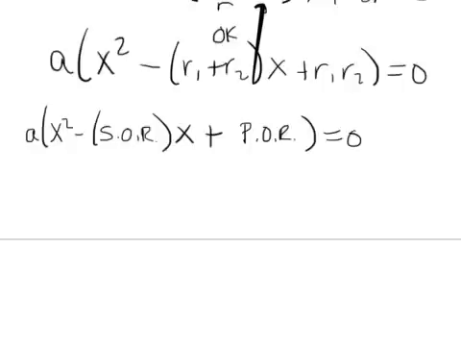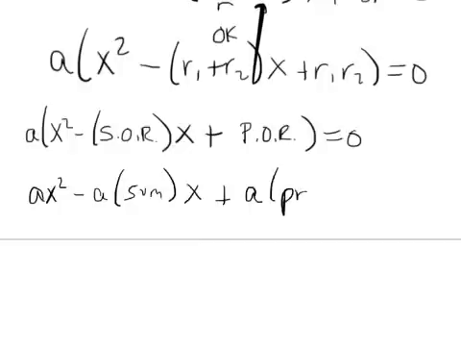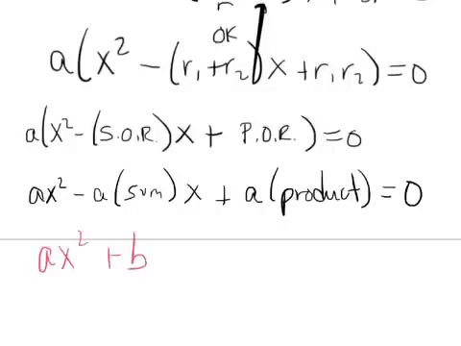What we are able to do then is actually pretty amazing. We can align our coefficients if we just distribute this a through here. So let's go ahead and distribute the a. And what that allows us to do is say, okay, this is really just another way to look at standard form, ax squared plus bx plus c.